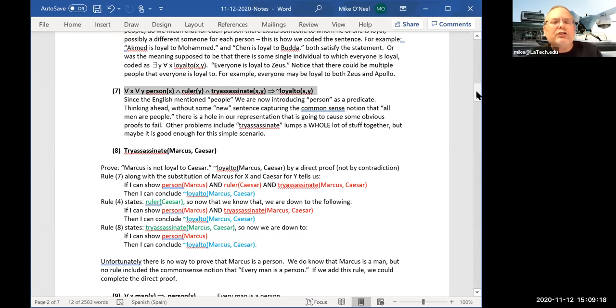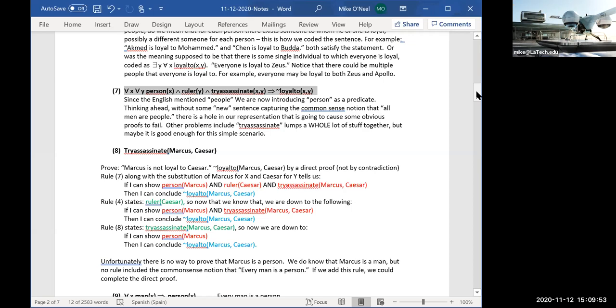And you notice I want to prove Marcus is not loyal to Caesar. So one of the first things you do with first order logic is you can try putting in individuals for the particular variables that are mentioned in the logical statement.